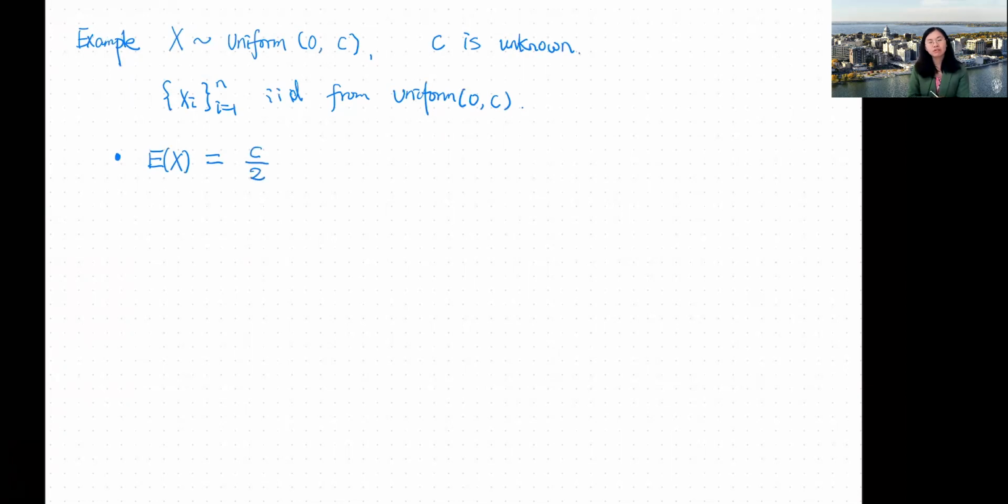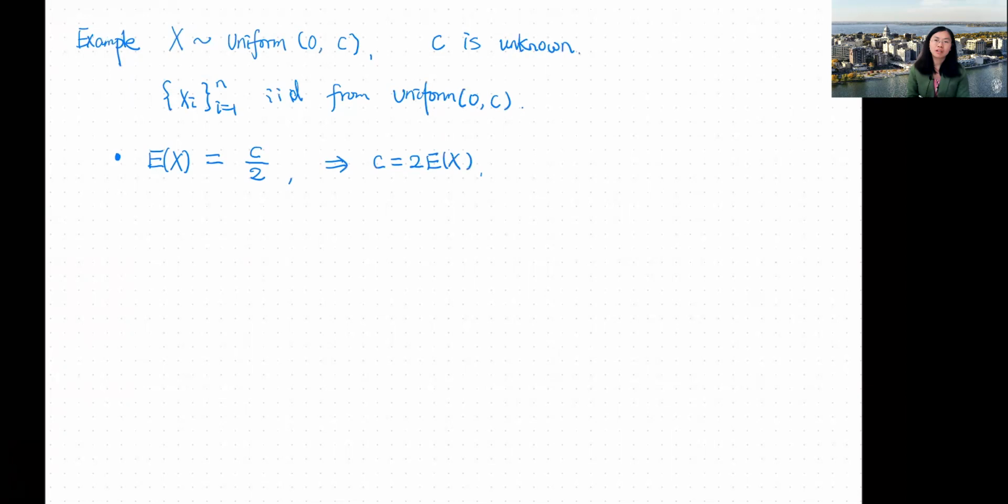So you know the expected value of X equals C over 2 for this distribution. So that suggests C equals 2 times the expected value.